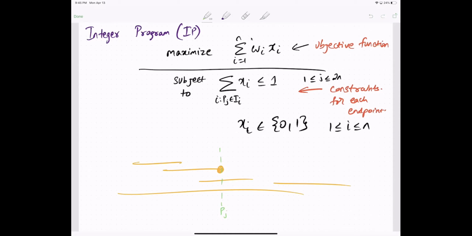That's the definition of the independent set problem. The number of intervals covering this point Pj should be either 0 or 1. And that is exactly reflected in this constraint. We'll look at all the intervals which cover this point Pj and add up their xi's, and that should be less than or equal to 1. So this is how you set up an integer program.